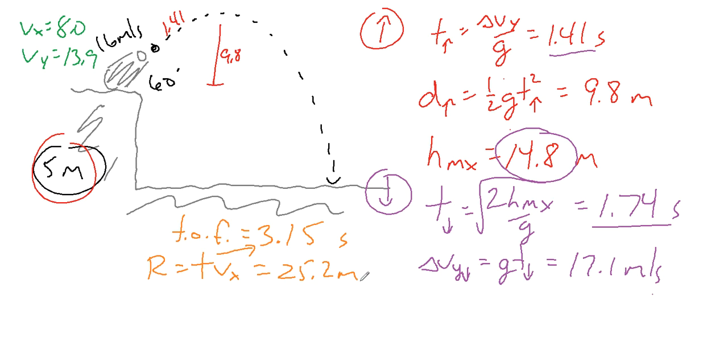Really, the only thing left would be the final velocity. But again, same type of thing as we've done before. I got my Vx, that never changes, so that was 8. My Vy, I would use my final Vy when it hits the ground, which is 17.1, and then I can just solve for my hypotenuse to get my overall velocity when it hits the ground.